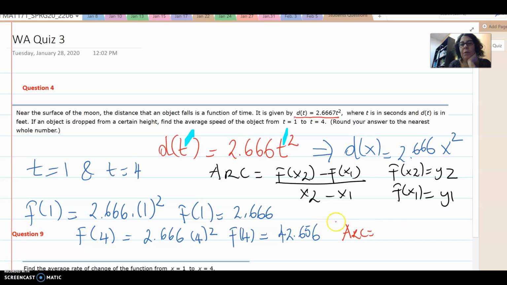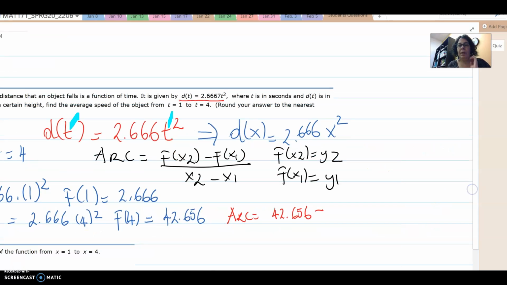if you want to have f of 4 first, 42.656 minus 2.666, all over 4 minus 1, because we have taken 4 on top.